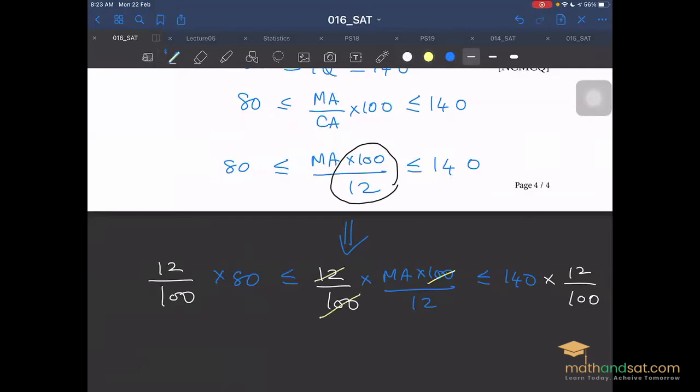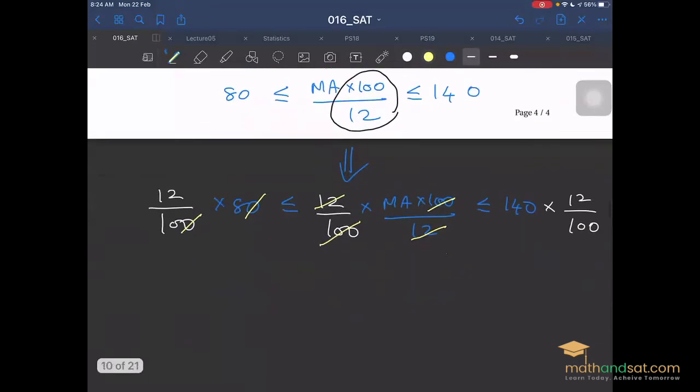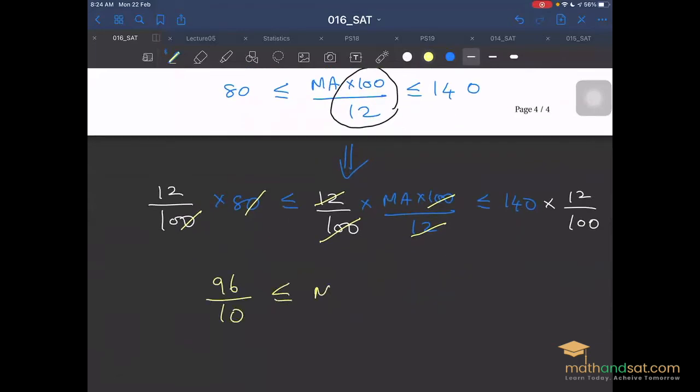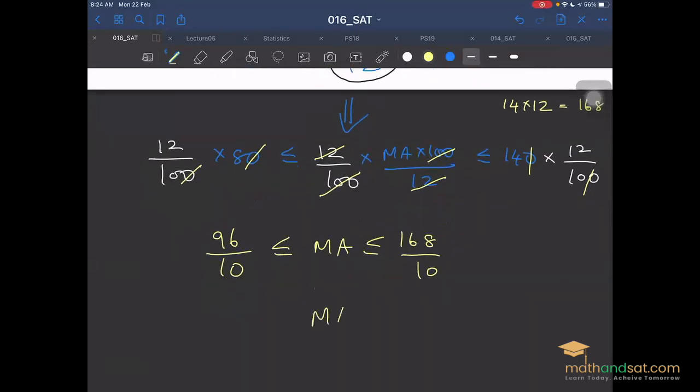This 12 will go away. You can cancel a 10 here. So we have 12 into 8 is 96 by 10, less than or equal to MA, less than or equal to 14 into 12, which is 140 plus 24, 168, by 10. So your MA is between 9.6 and 16.8.